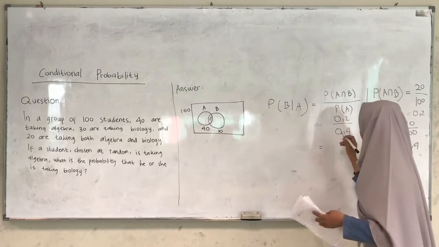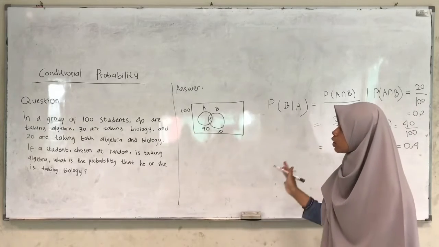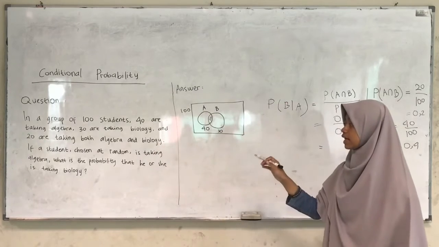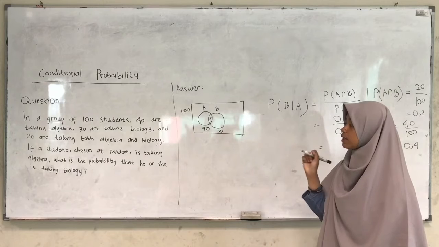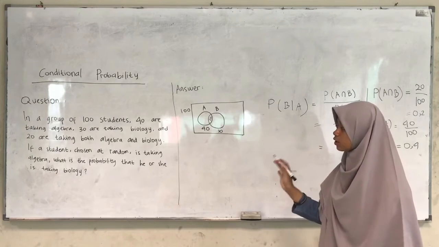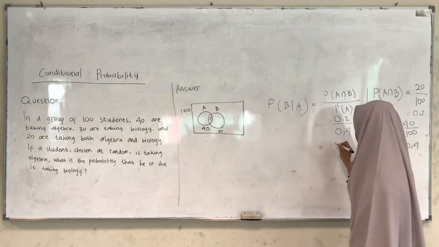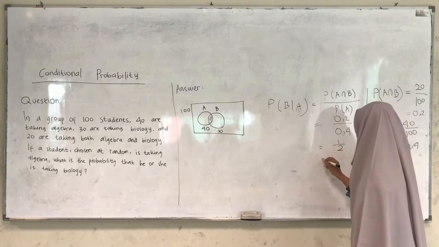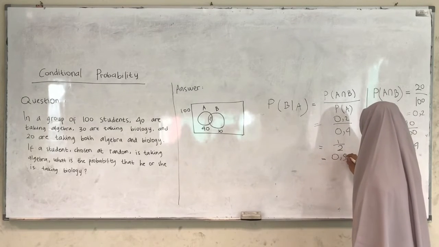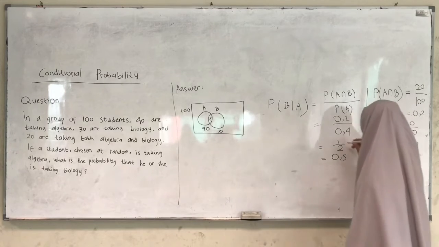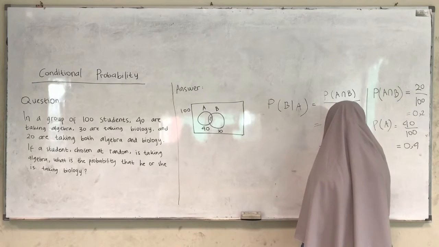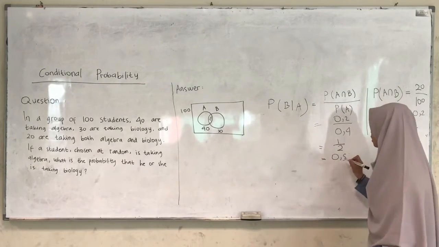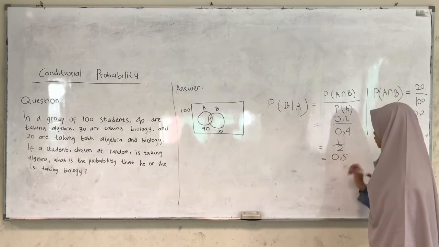So the probability, if a student chosen at random is taking algebra, what is the probability that he or she is taking biology? The answer is a half, or 0.5.